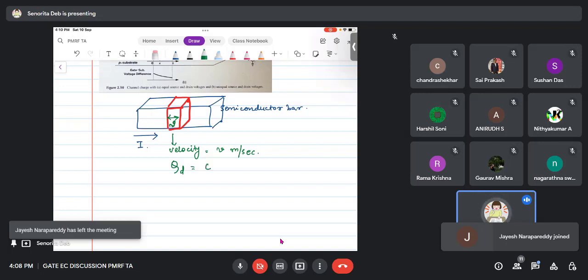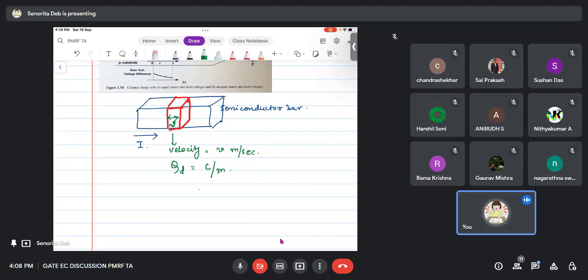If you multiply qd by v, you get coulomb per meter multiplied by meter per second, which gives coulomb per second, which is nothing but amperes. Therefore the current I can be given as qd into v.